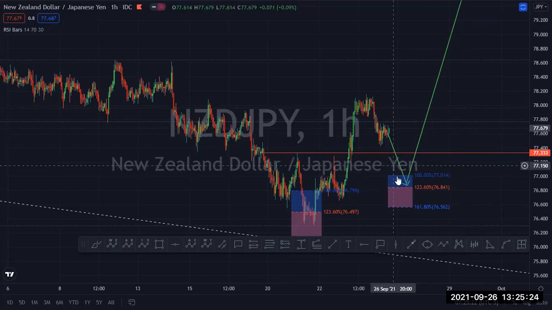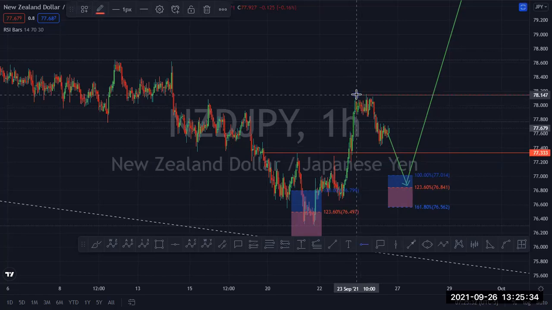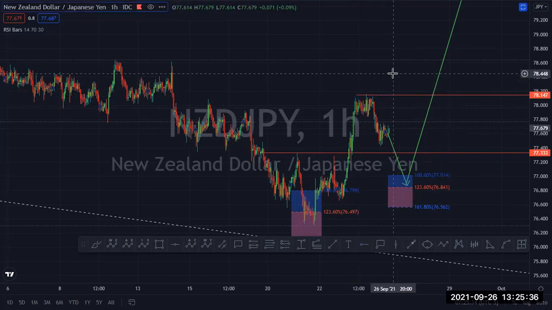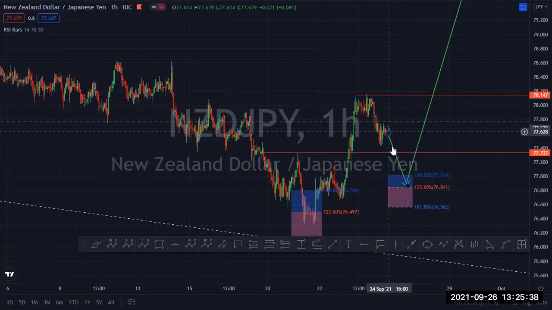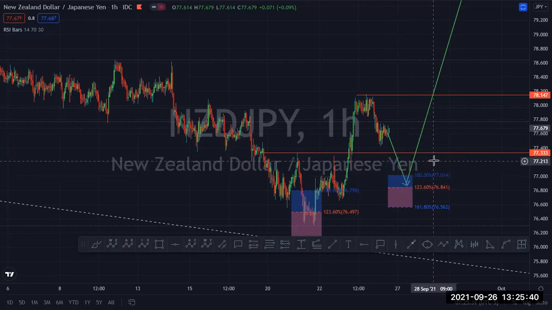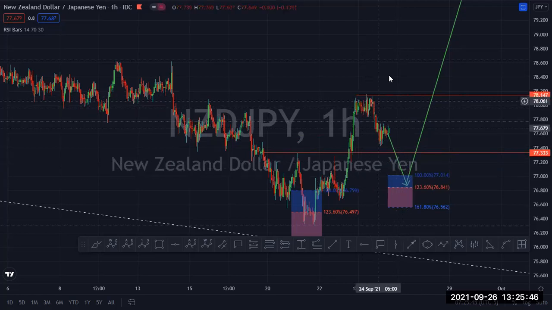Even if it drops, I will not sell. If it drops to this level, I look for buy. If it doesn't drop, I wait for the break of this level, then I look for buy. Selling this, I don't fancy that. I'll look for buy from here, then buy from here again.